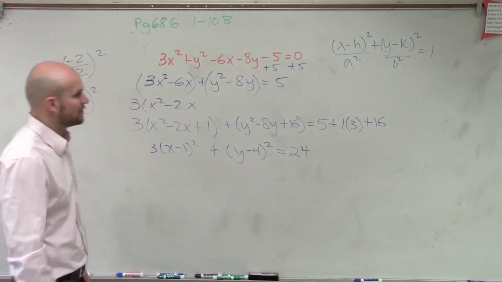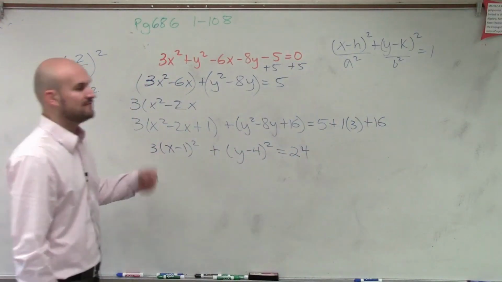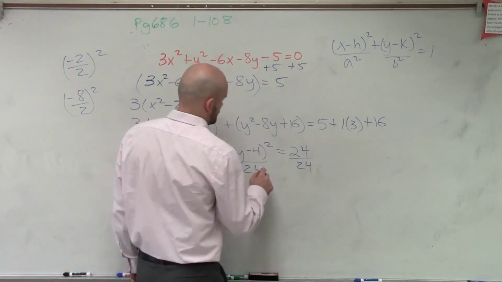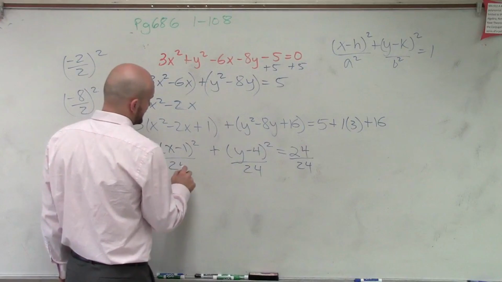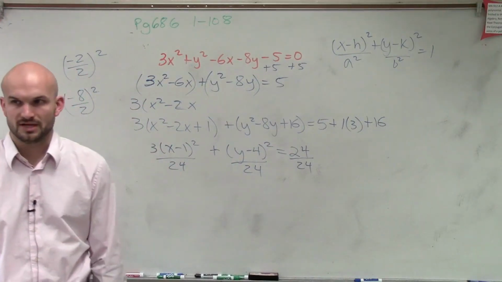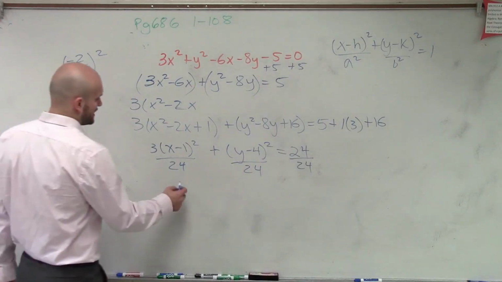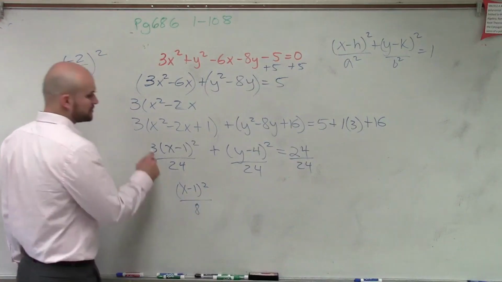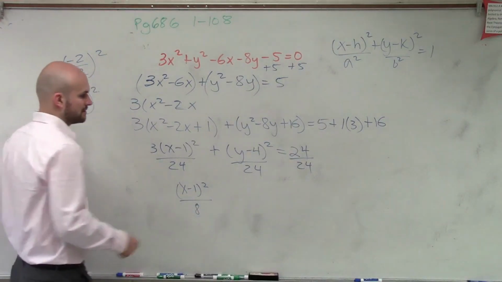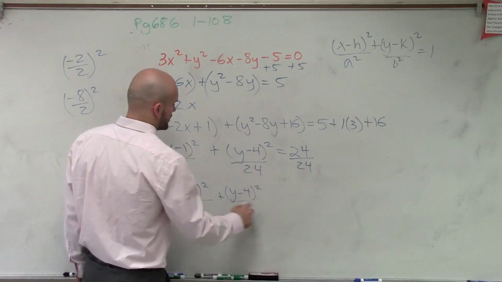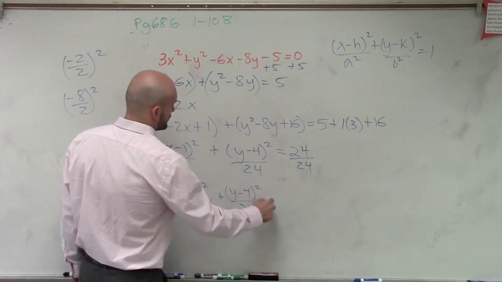So to do that, what I need to do now is divide by 24. I'm going to have to make sure I divide everything by 24. OK? Therefore, I now get x minus 1 squared over, this reduces down to 1/8, plus y minus 4 squared over 24 equals 1.